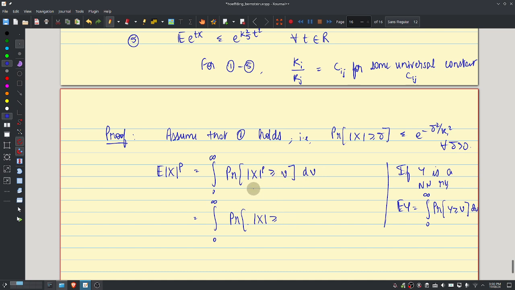Let's suppose that I want to write it in this particular form. What is the change of variable that I need to make?